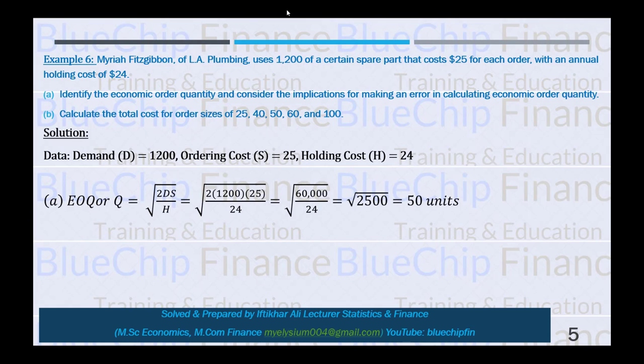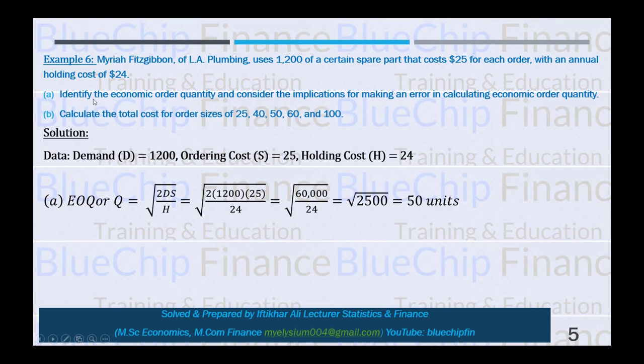Now we move to the next question. Maria of LA Plumbing uses 1200 of a certain spare part that costs $25 for each order, with an annual holding cost of 24. So your demand is 1200 units, your ordering cost to place an order is 25, and your holding cost is 24.